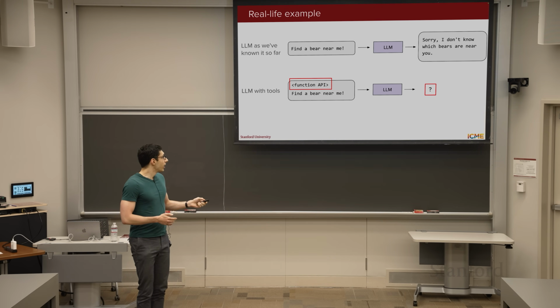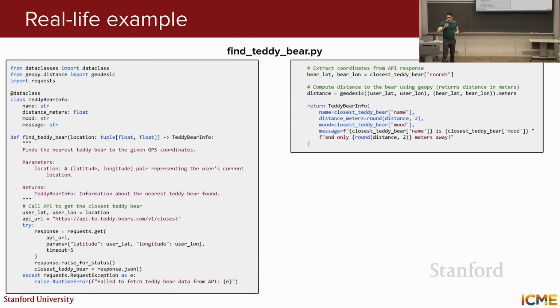Okay, great. So in order to be grounded in real life, let's take a full example of what a function definition could be. In the case of finding a teddy bear, you could imagine a function definition called find teddy bear, and depending on your location, it calls some API and retrieves potential candidates.